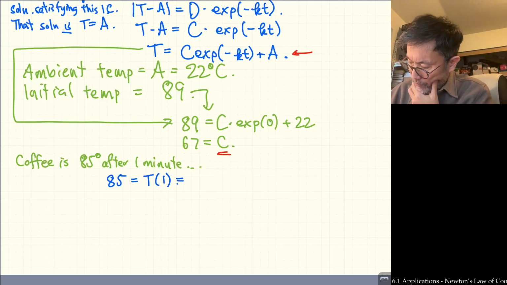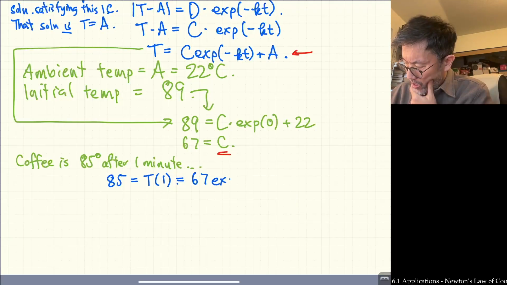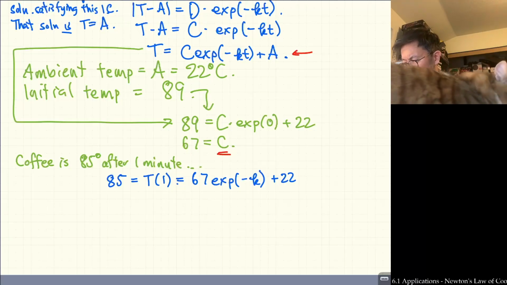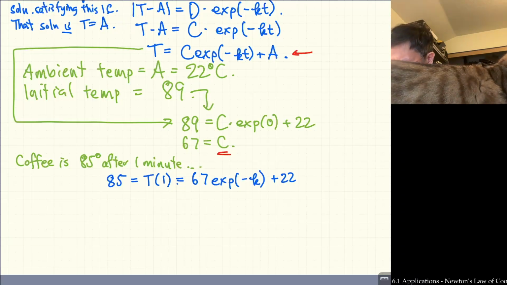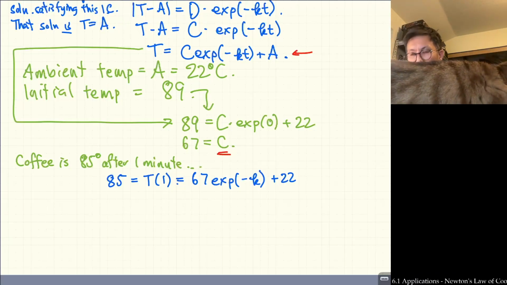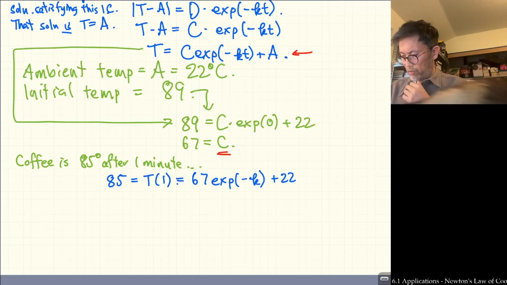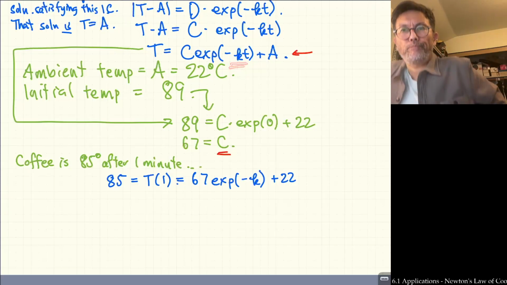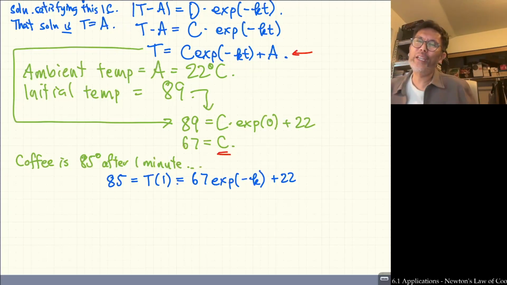T of 1 is what we get by putting in 1 here, where C is 67 times exp of negative k plus 22. I just set t equal to 1 by replacing t by 1.